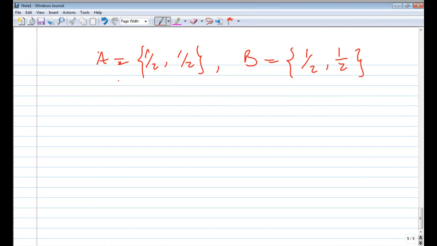And the question says compute or calculate A convolution B. So when they say calculate A convolution B, this simply means that you have to find what?